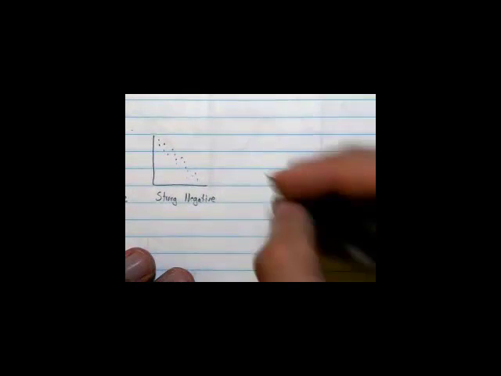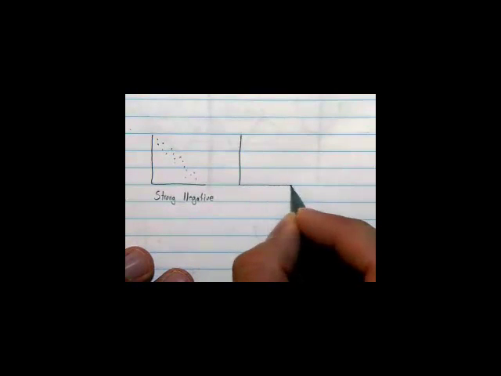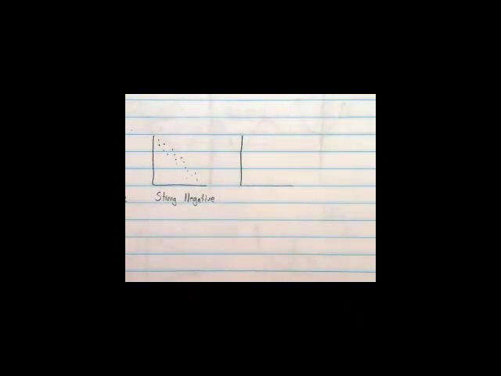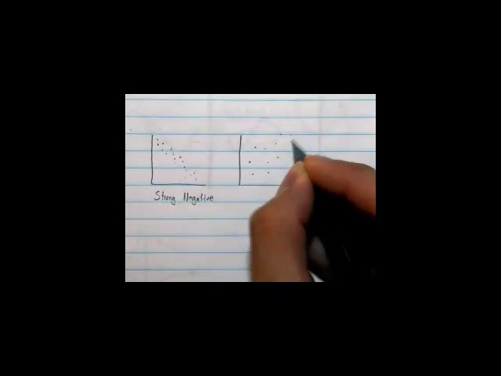And then we've got weak positive and weak negative, and you can probably guess what those look like. If it's a weak correlation, then it's not real well clustered together, but you can kind of still tell, maybe something like that.